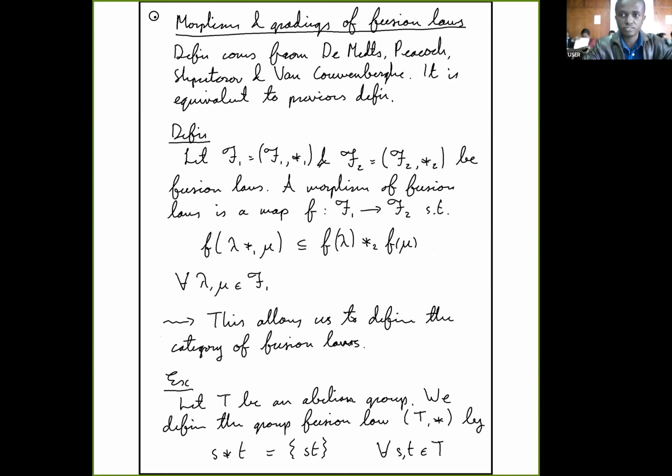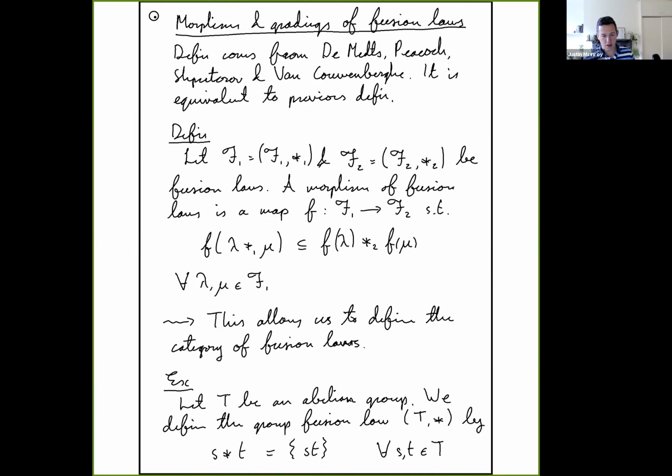You have written that the image of lambda mu under the map F from fusion law F1 to F2 is included, but not equal. Why is it not equality, and you have written only inclusion?